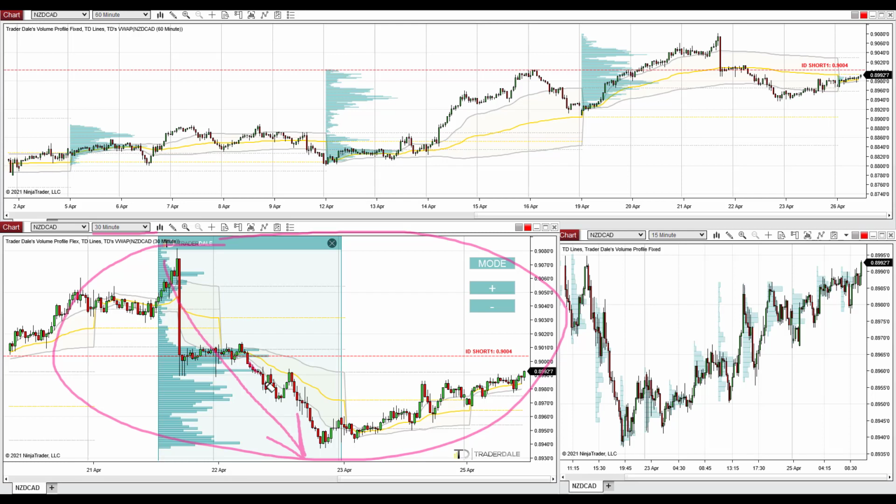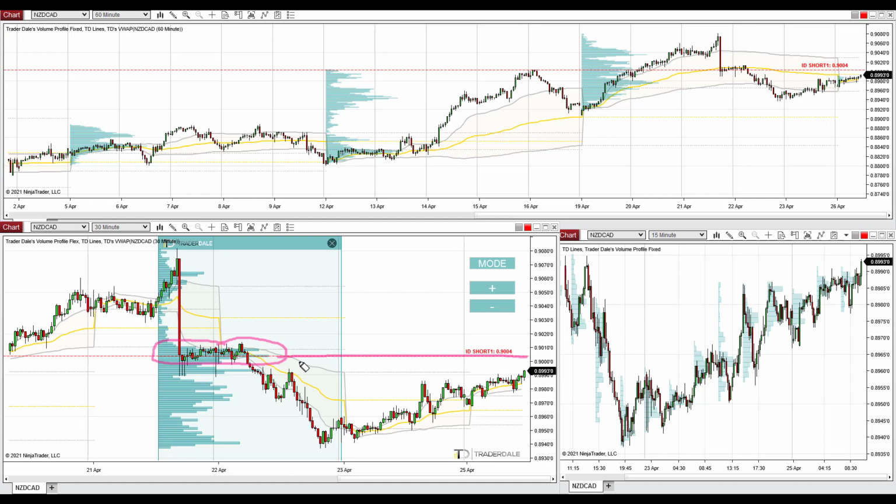Now this area has been already tested in here, so I'm no longer looking for shorts from this area, but there's still a heavy volume cluster which hasn't been tested yet.